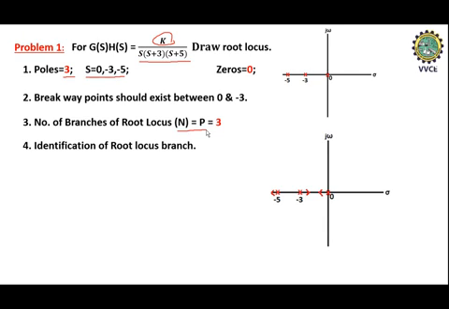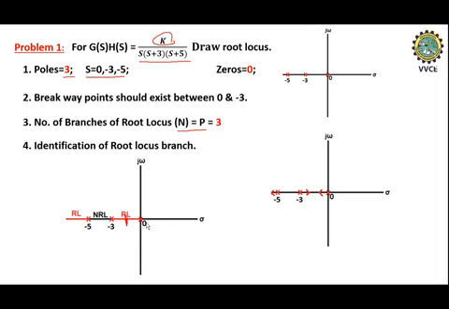Step 4, identification of root locus branches. We already marked the roots obtained from the given transfer function. We need to find out which is a root locus branch and which is not. Consider one random point. To the right side of this random point, count the number of zeros and poles.